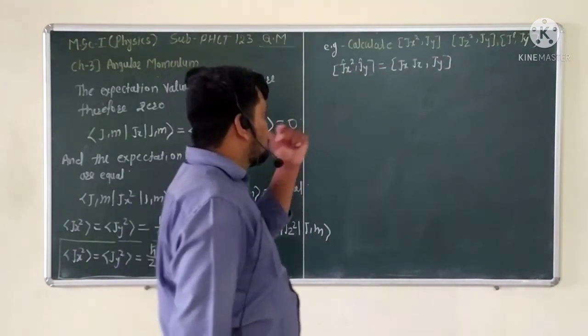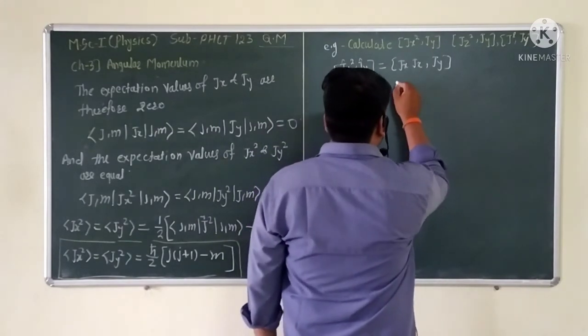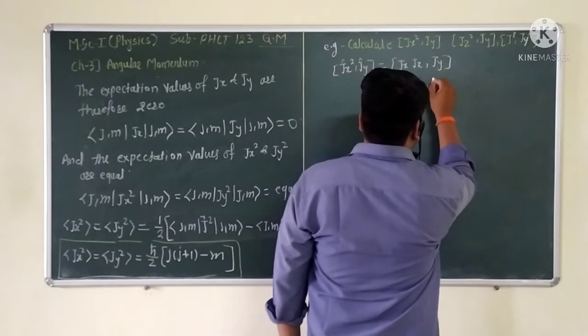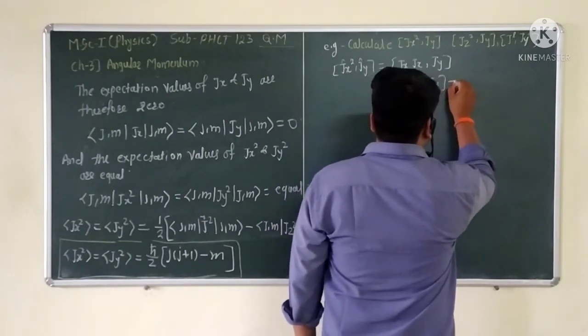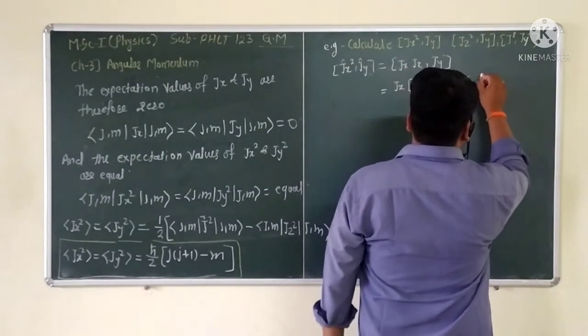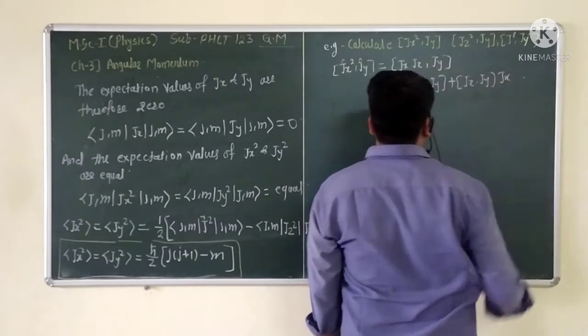If we split this commutator relation, first Jx is taken outside the commutator bracket, giving Jx[Jx, Jy], plus the commutator bracket [Jx, Jy] with Jx taken outside.